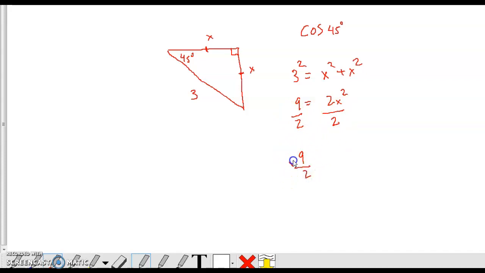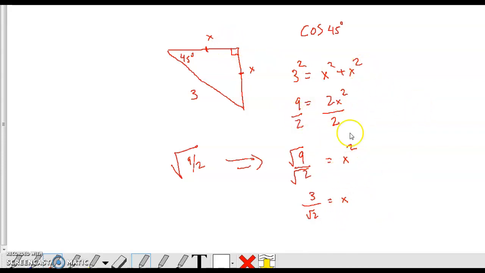over 2. And I'm going to take the individual radical of both the top and bottom. So the radical of the fraction 9/2 is the same thing as that. The radical of 9 is just 3 over root 2. So that's x. And then if I come back over here, I have my value.